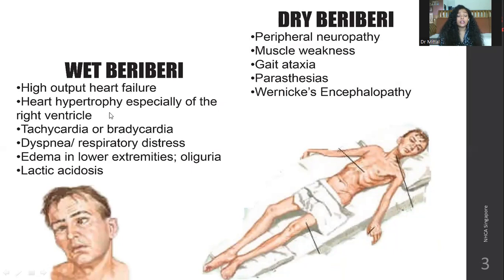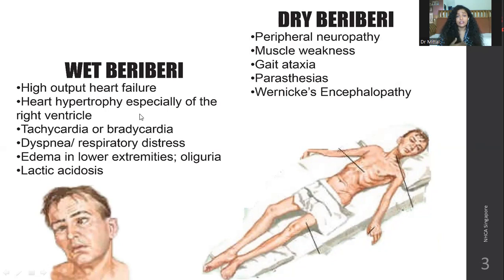Heart hypertrophy, because for a very long time the cardiac output was high, and because of that the heart has increased in size to pump this huge amount of blood into the system. Automatically the heart will undergo certain anatomical changes, and that leads to hypertrophy, an increase in the size of the heart, specifically the right ventricle.